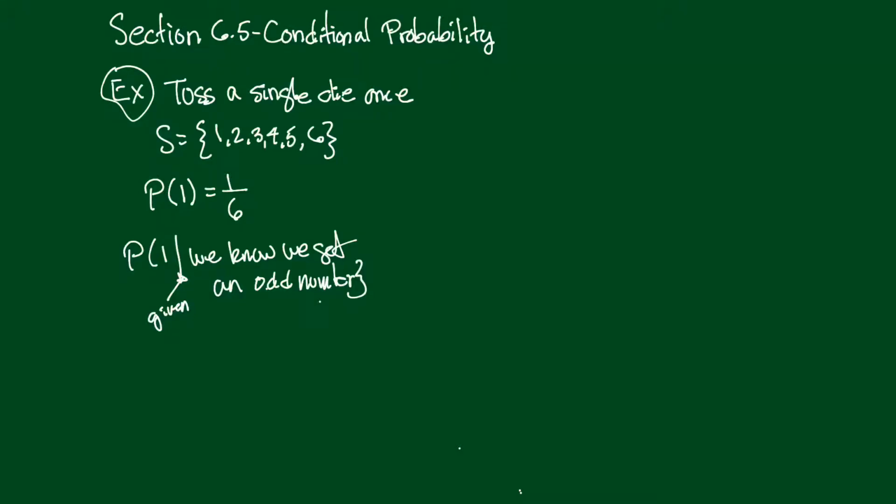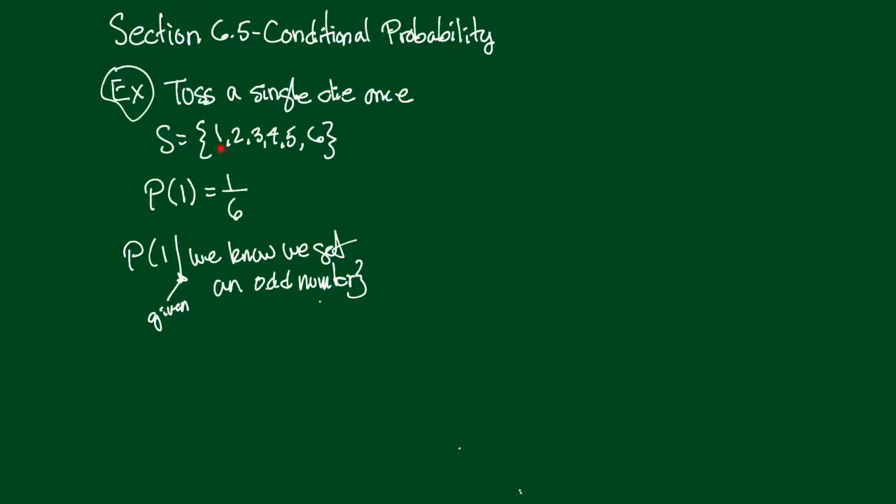So the first case was if you don't know anything, just what's the probability of getting a 1? You would say 1 out of 6. But now if I ask you what's the probability of getting a 1, but I give you some additional information. I'm telling you that we got an odd number. So what is the probability of getting a 1 now? So the probability of 1 now depends on some other information. So it changes the sample space, right?